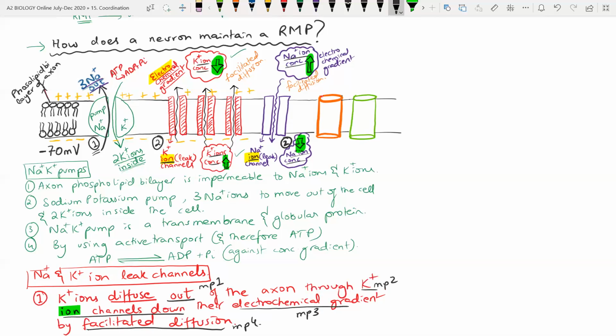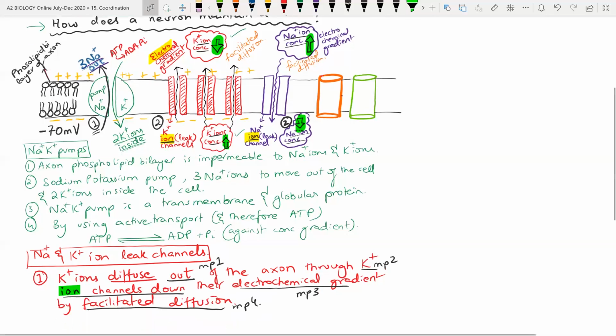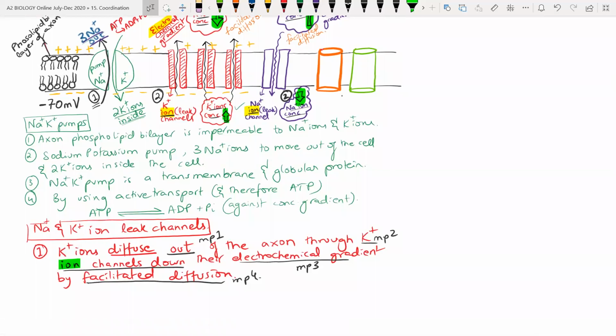And something similar happens for the sodium ions. So sodium ions move inside of the axon through which channels?